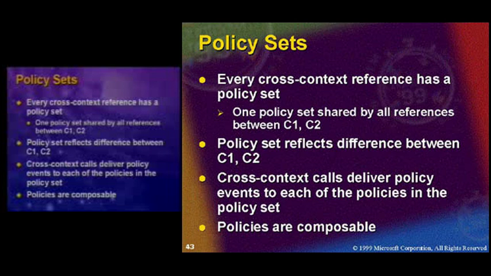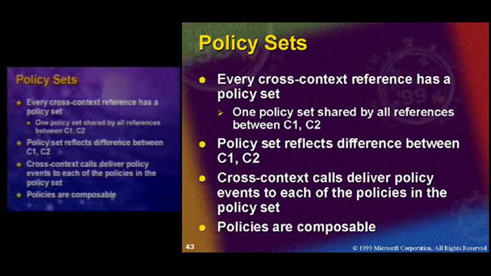So between context 1 and context 2, all calls are going to share the same policy set. And that policy set is going to reflect the difference in properties between the two contexts. If there's a difference in security, or difference in synchronization, a difference in transaction, then those services would contribute policies to the policy set.